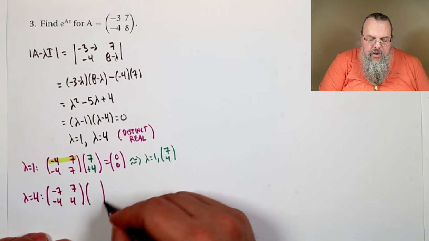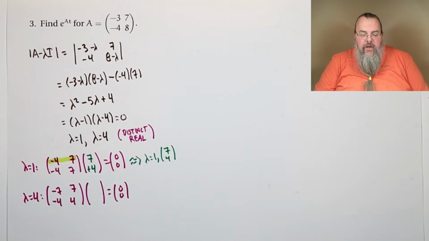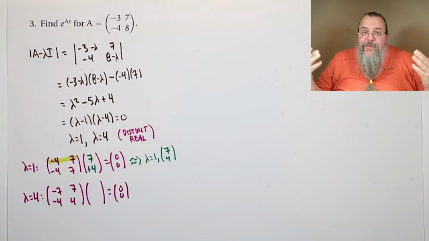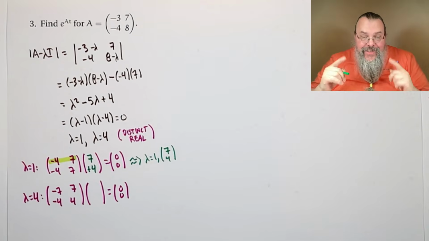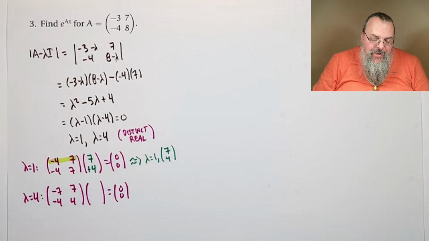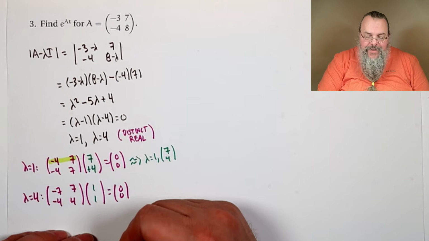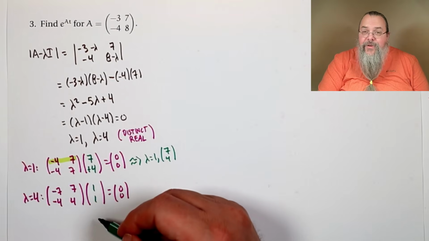And something equals 0, 0. Now what can you do? Well, you can pick a row, or if you just see something, put it in. As long as it's not 0, you're good to go. And I claim 1, 1 works. Right? Let's check it out. Minus 7 plus 7. Minus 4 plus 4.